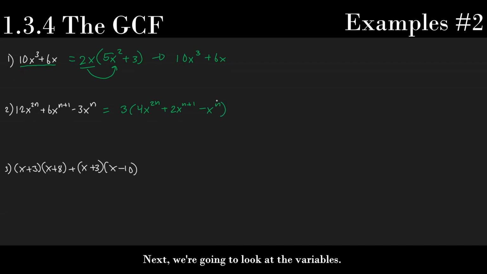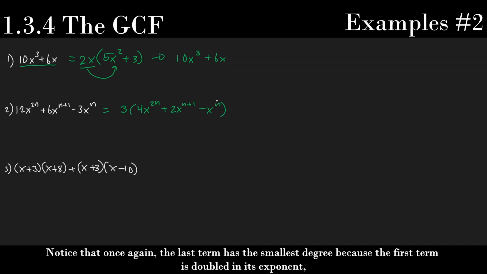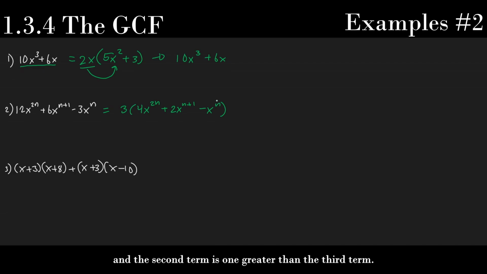Next, we're going to look at the variables. Notice that once again, the last term has the smallest degree because the first term is double in this exponent, and the second term is 1 greater than the third term. Let's go ahead and break up the exponents.